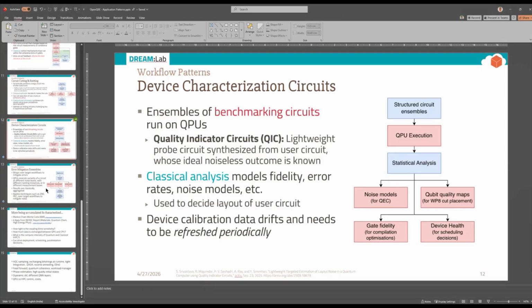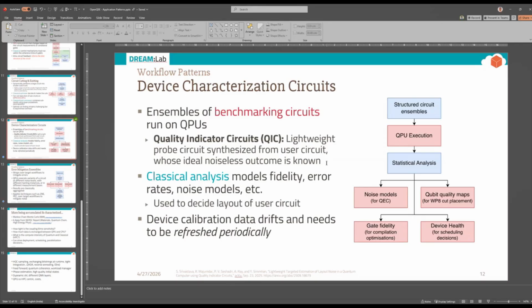Thanks to Hatim, I have the two missing slides I was just talking about, which suddenly disappeared at the start of my presentation. This is the device characterization circuit I was briefly talking about. Based on the user's circuit that is provided, on the fly, you construct lightweight QIC circuits that are a function of the user circuit.